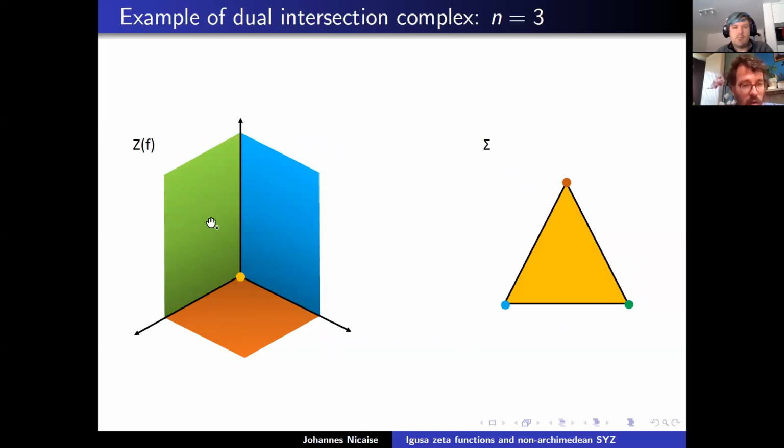Then every pair of irreducible components intersects in a coordinate axis. So we get 1 edge between each pair of vertices. And then finally, the 3 components intersect in 1 point, the origin of 3-space. So we have one 2-simplex, which is spanned by the 3 vertices. And so the dual intersection complex in this case is just a standard 2-simplex.